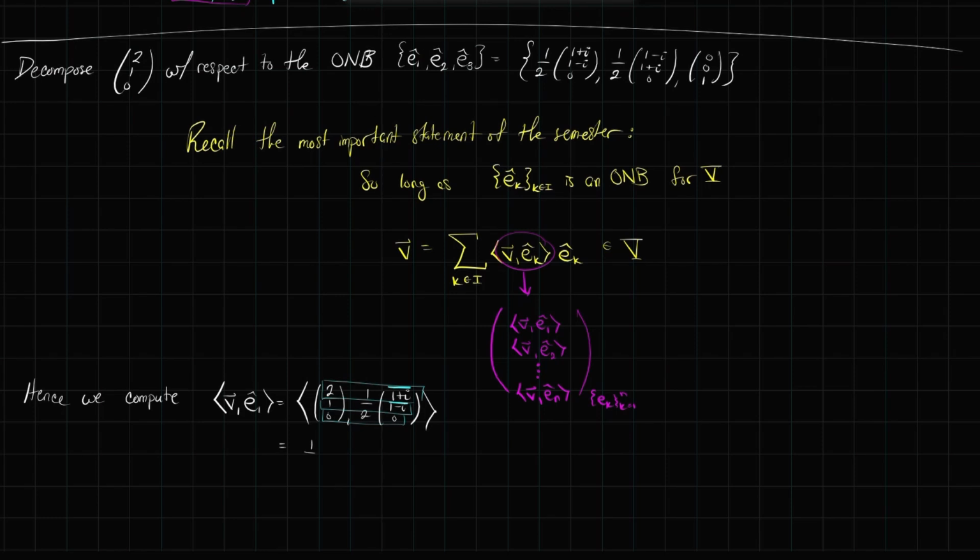That's going to give me 1/2 times 2 times (1 minus i) because of the conjugate, plus 1 times (1 plus i) because of the conjugate, plus 0. If I expand all the terms out, I have 1/2 times (2 minus 2i plus 1 plus i), or in other words, 1/2 times (3 minus i). Or I could write this as 3/2 minus 1/2 i.